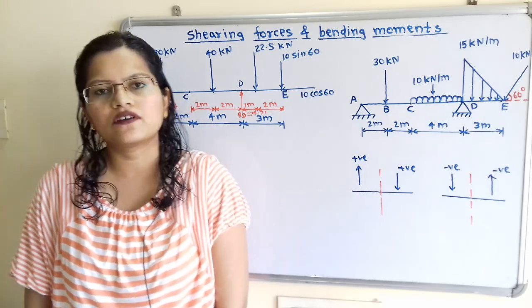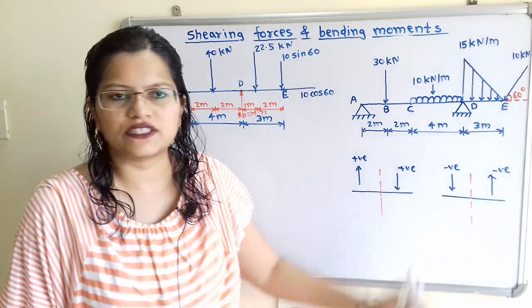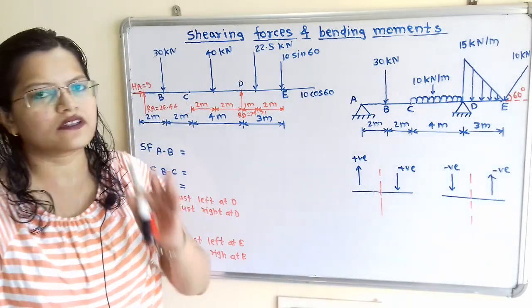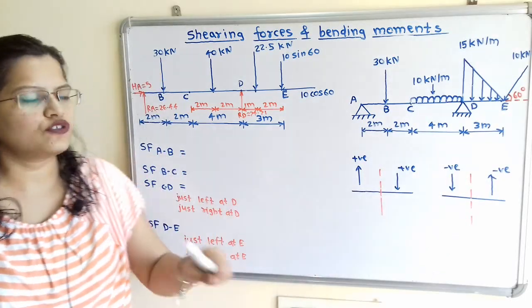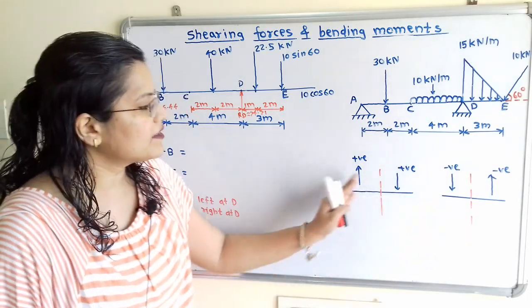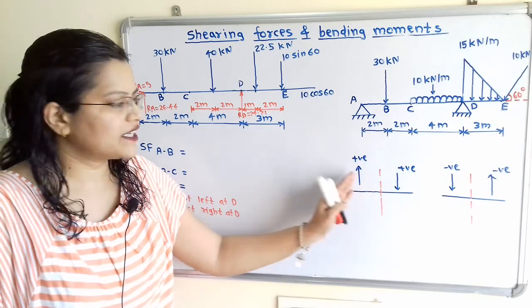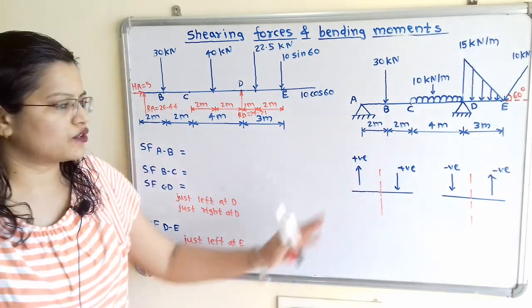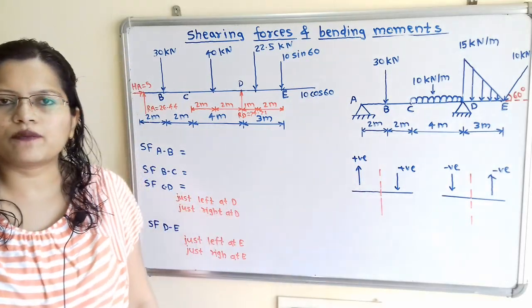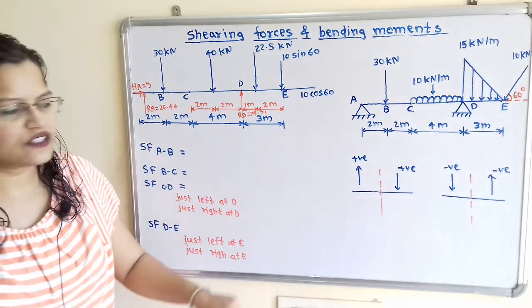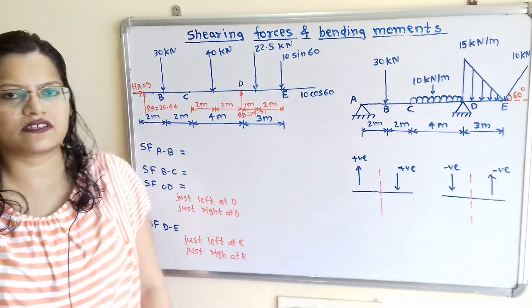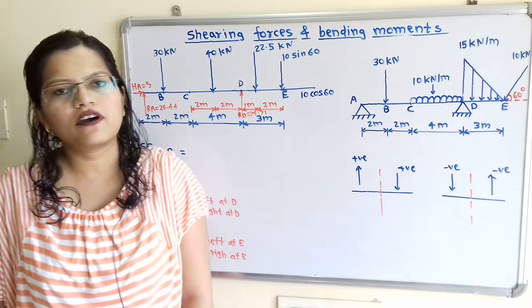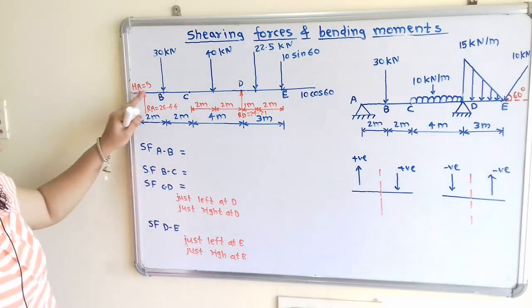We have to first mention the sign conventions. If we observe the left hand side of this section, that is the line I have shown with red marker, when the forces are in upward direction on the left hand side, we have to take positive sign, and for forces in downward direction, we have to consider the negative sign. First we will consider section AB.